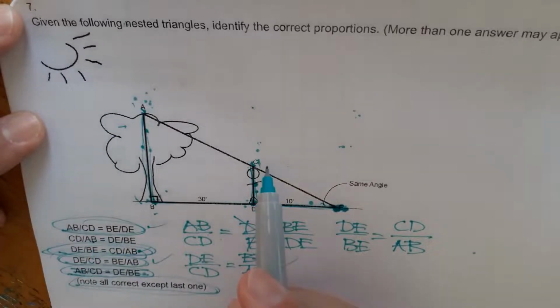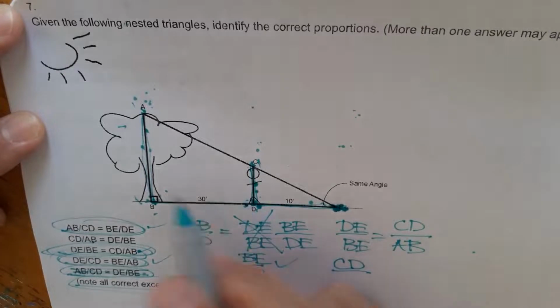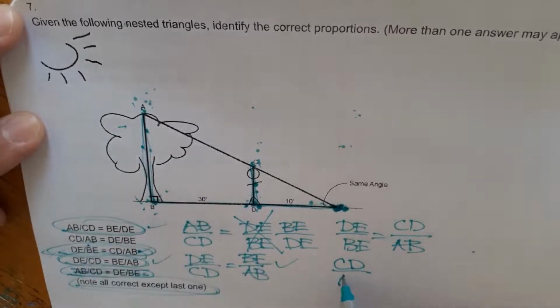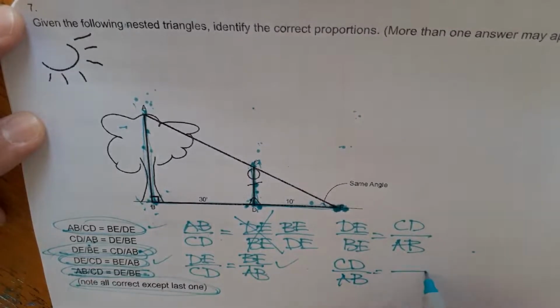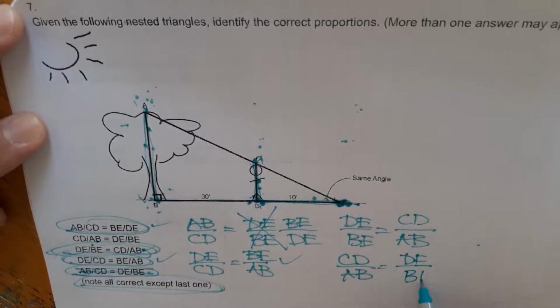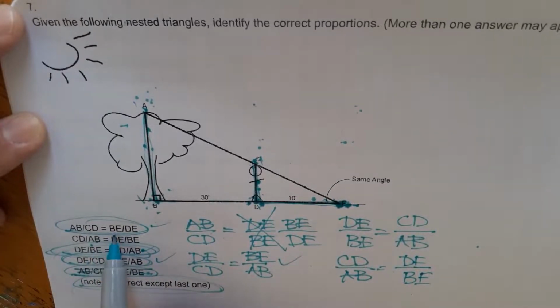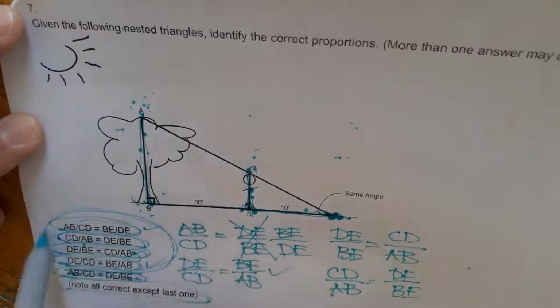CD over AB, right? We're going height of small to height of big equals. How about base of small, DE, to base of big, BE? DE, yep. Ding.